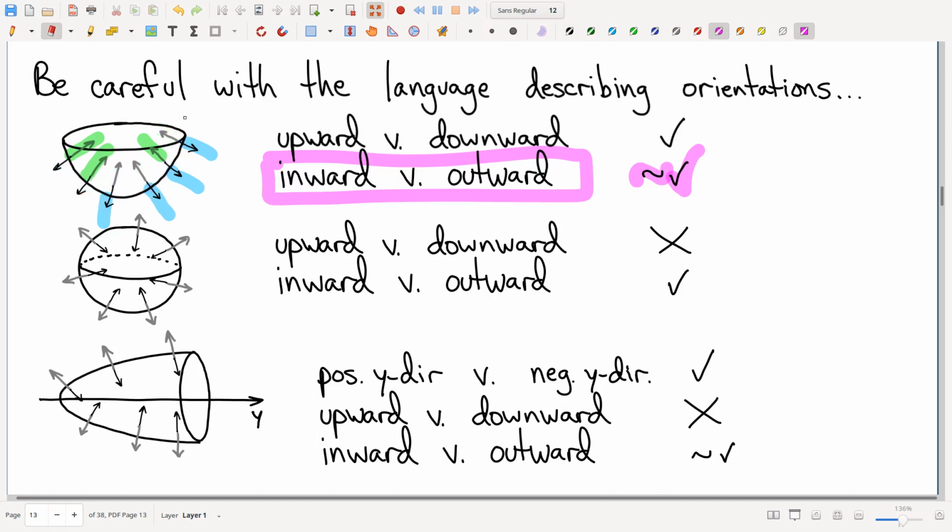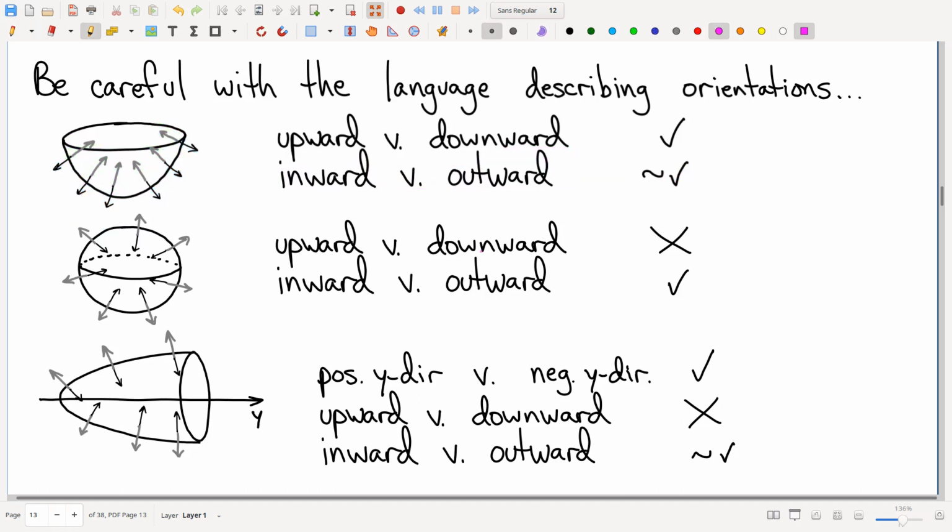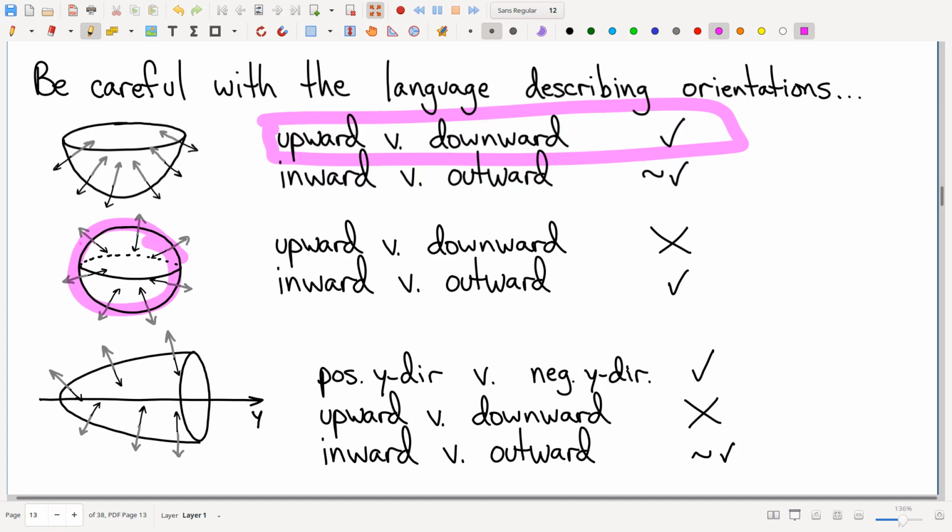Okay. All right. Now, tragically, you can't just stick with this in all cases. Let's think about this surface right there. And again, we have two options for orientations. We have that one in, again, I'll use green. And then there's also this one that I'll use blue. And how would I distinguish between those?